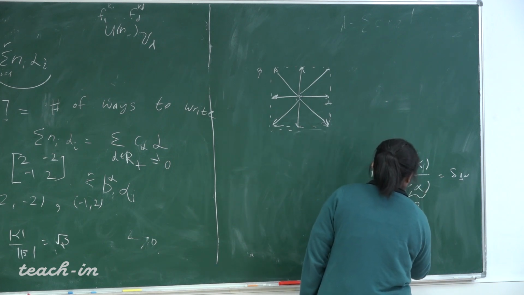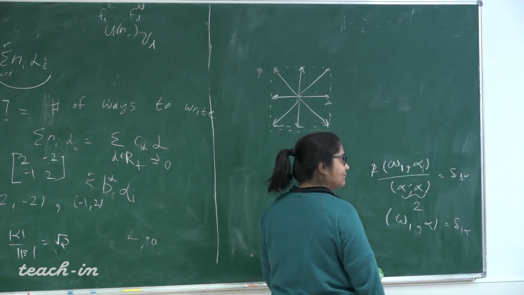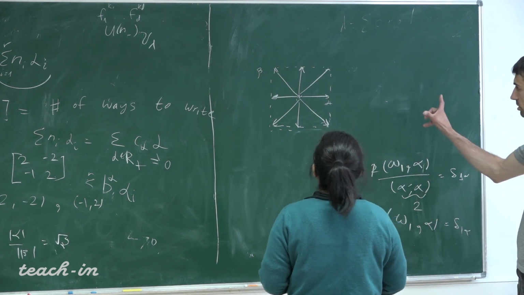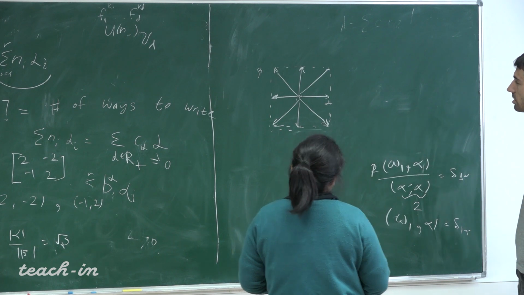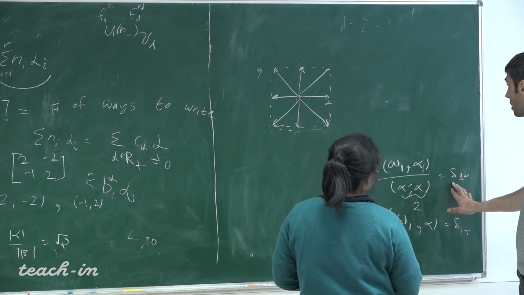So this is (omega_1, alpha) = delta_1,alpha. This is not 2 for everything; it is 2 for some roots and for others maybe not.